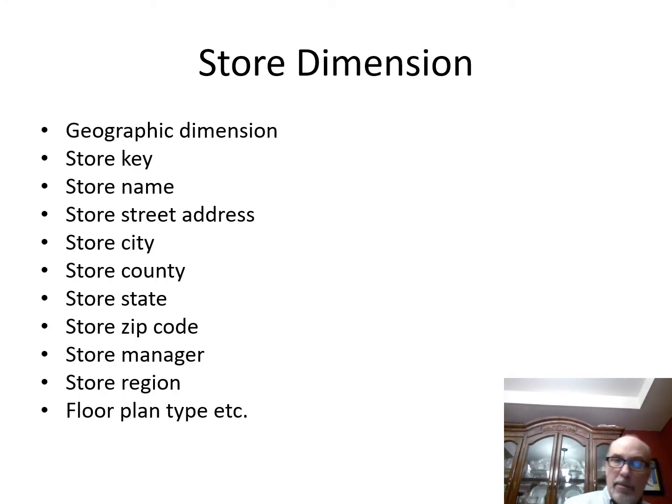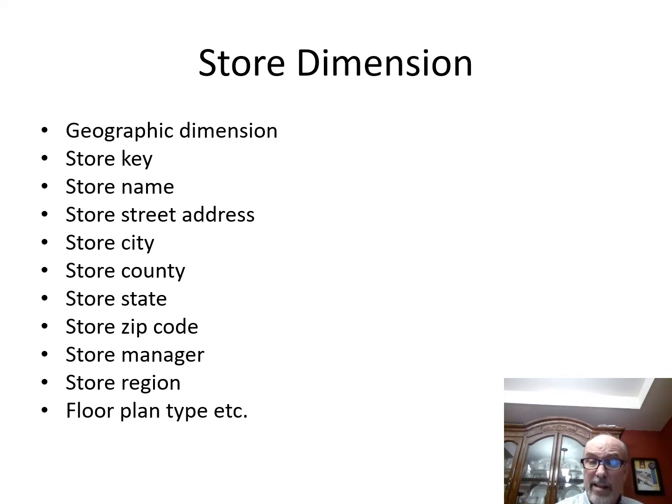And again, now we're going to talk about the store and all the different key things that are in the store. I won't go to all of them, but remember, one thing that's always key in every dimension table is you have to have that key that ties back to the fact table. You're going to have geographic dimension. That could be lat long that allows you to identify the location of the store. And you're going to see a lot of things here that would identify the address specifically.